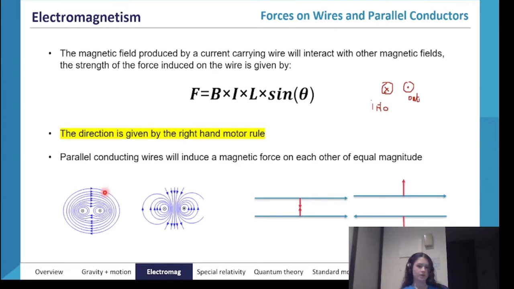As you can see here, our two wires are both carrying current into the page because I have a cross there. So their currents are moving in the same direction.